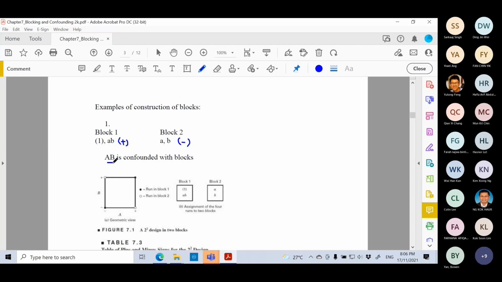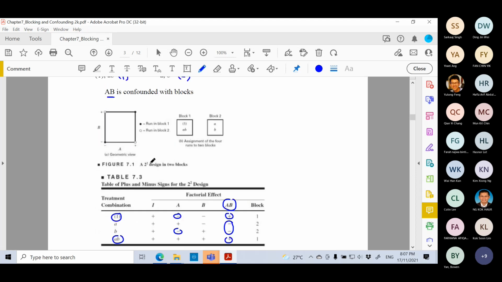You are unable to retrieve it, because you are willing to run only 2 blocks, with incomplete blocks. Unless you run all the complete blocks, then you can get the information of the AB. So this is a payoff if you run fewer treatment combinations within the blocks.